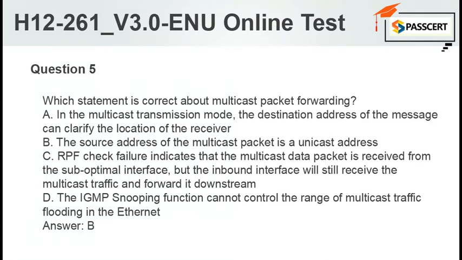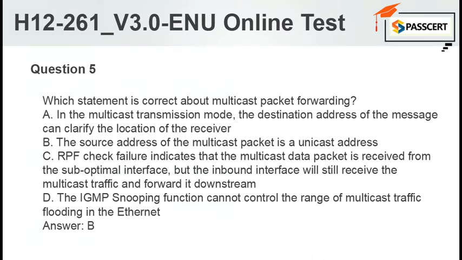Question 5. Which statement is correct about multicast packet forwarding? A. In the multicast transmission mode, the destination address of the message can clarify the location of the receiver. B. The source address of the multicast packet is a unicast address.